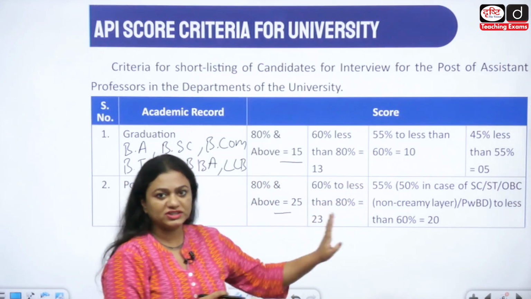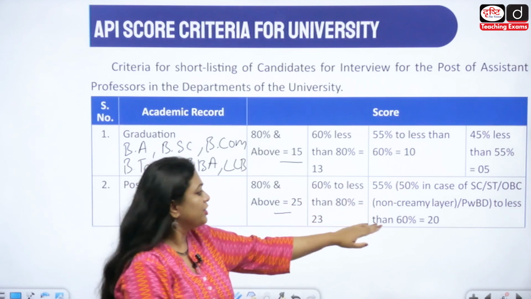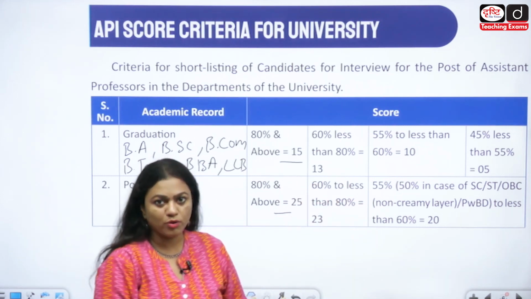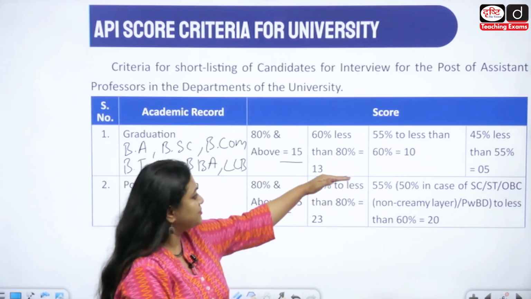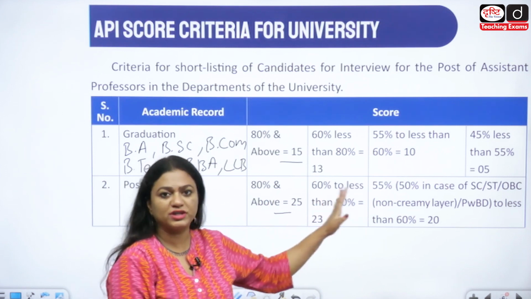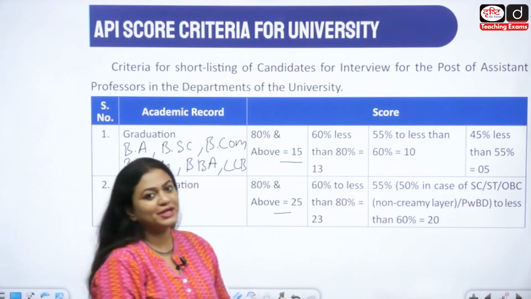For the general category, if your score is between 60 to 55%, you will get 20 marks. If the candidate belongs to SC, ST, OBC and PWD, the criteria is between 50 to 60%. If your post-graduation score is between 60 to 50%, then you will get 20 points.